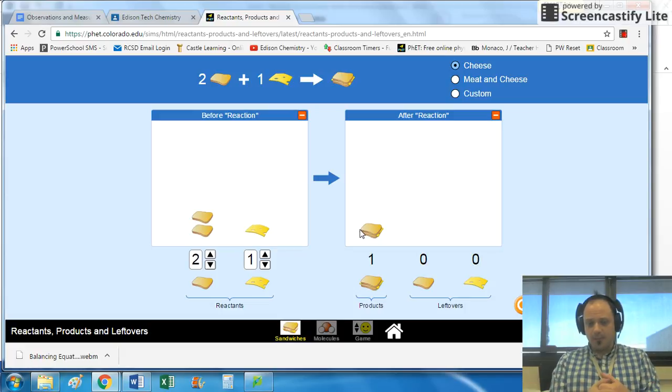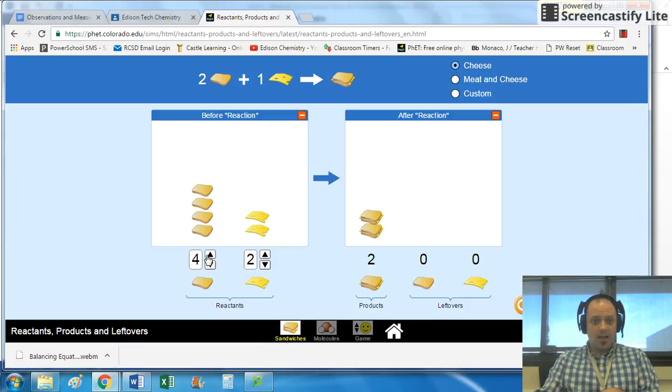It's balanced right now. While this will automatically balance them for us, we might have something left over. Because if I had 2 slices of cheese, one of them is going to stay left over. It's not going to react because there's no bread to combine it with. If I added 2 more slices of bread, that slice of cheese can combine with the 2 slices of bread to make another sandwich.